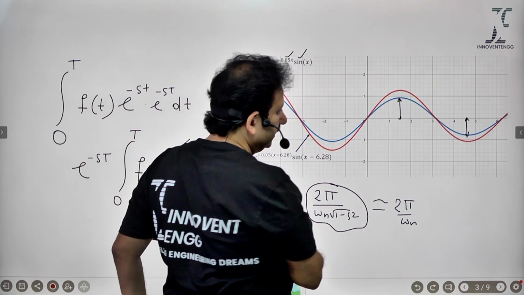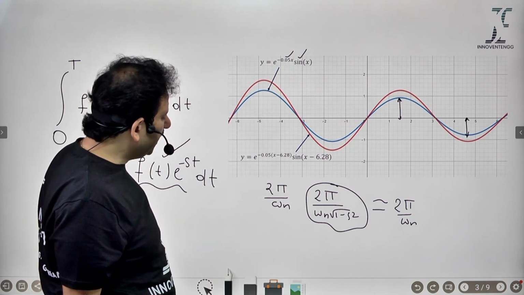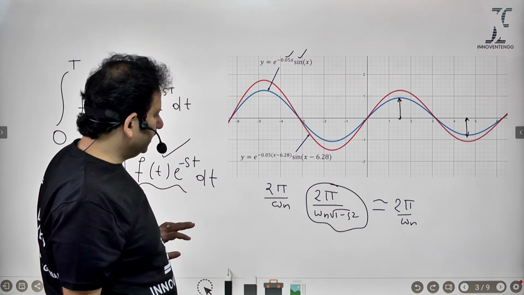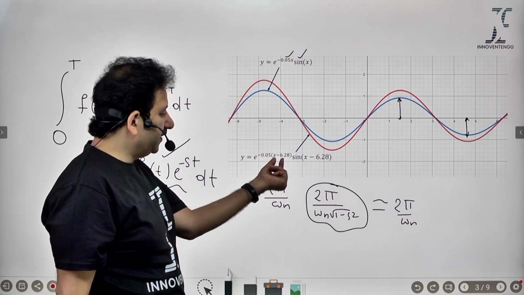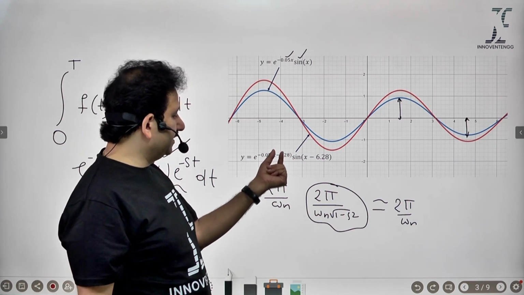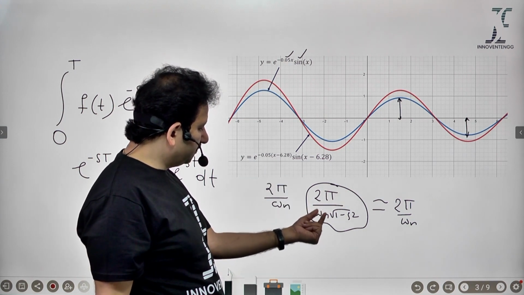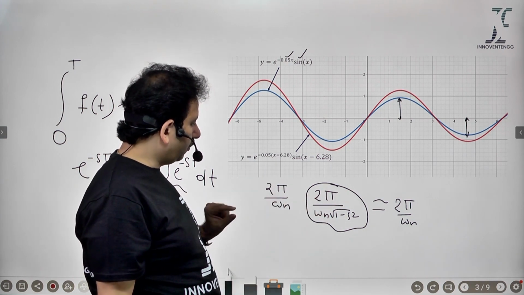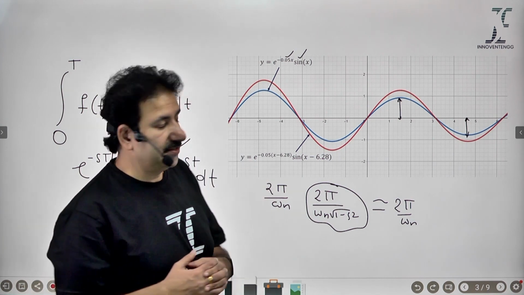Over a period, it is losing amplitude. It's a damped oscillation. But I have also considered one more signal where I have subtracted the period. This is the approximate period, not the exact period, because it's a damped oscillation. When the damping ratio is very small, the period is almost equal to the period in an undamped situation.